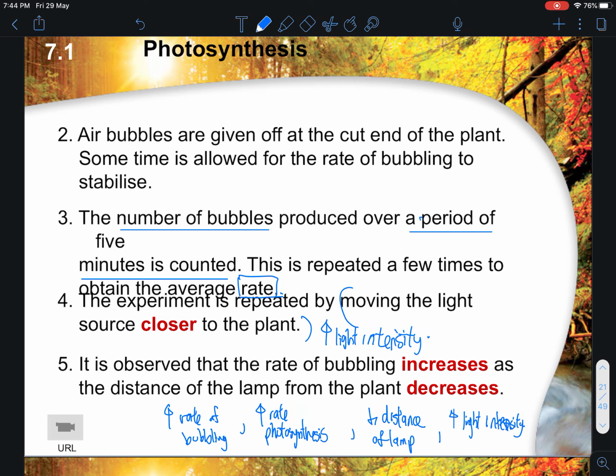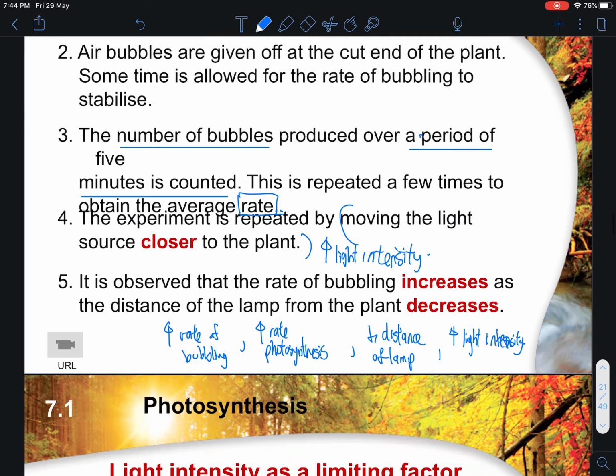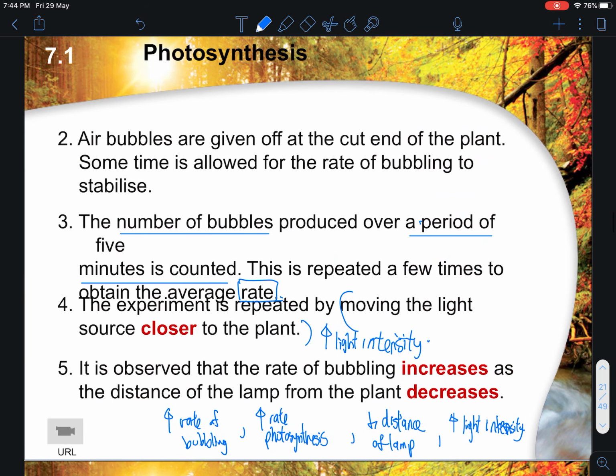So what this means is that higher light intensity results in a higher rate of photosynthesis. Okay, why? Because the bubbling, if you want to guess what is the gas that is given out for the air bubbles in photosynthesis, it's actually oxygen gas. Oxygen gas is being produced.